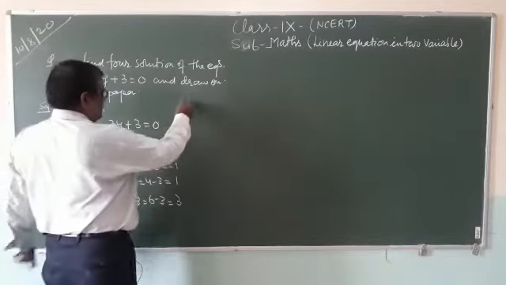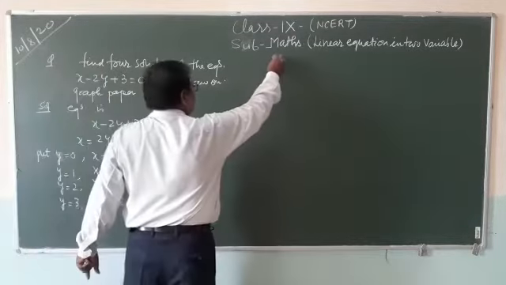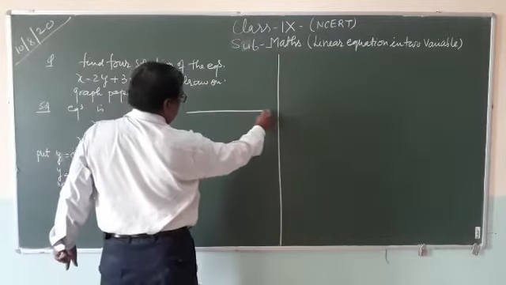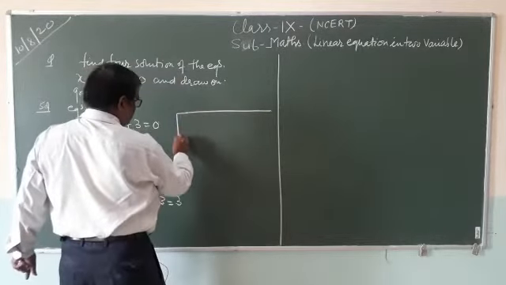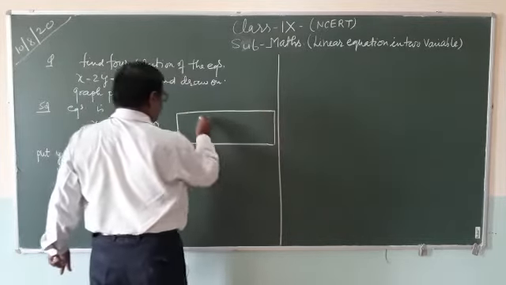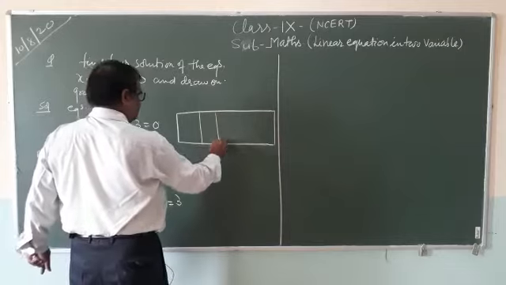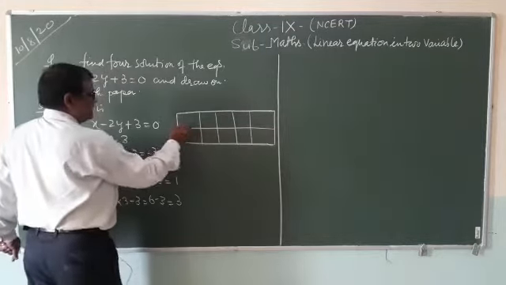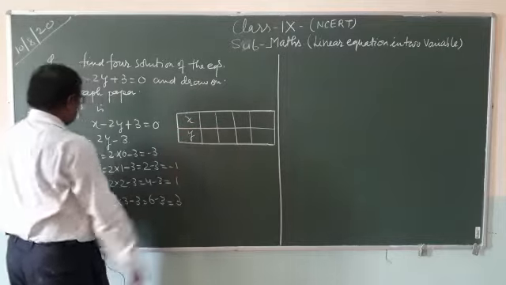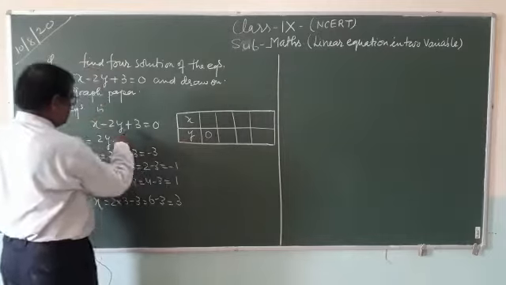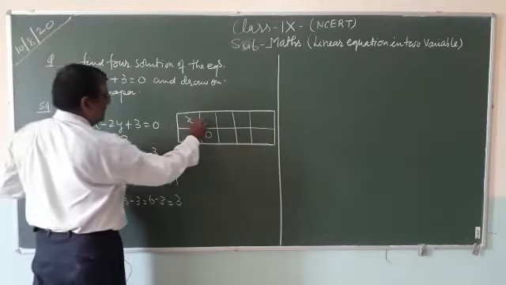Now we put this in a table, with x and y. First, putting y is equal to 0 in this equation, we get x is equal to minus 3.